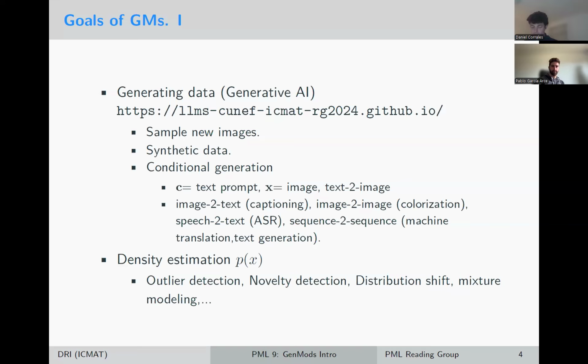One thing which is probably one way to differentiate is the kind of problems that one is interested in. And I put several of them there. The first one is generating new data.